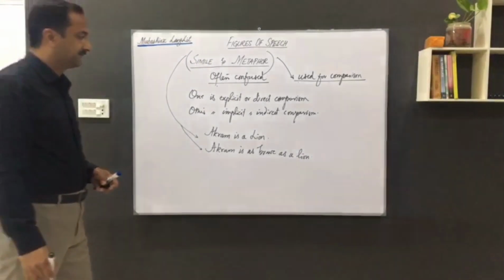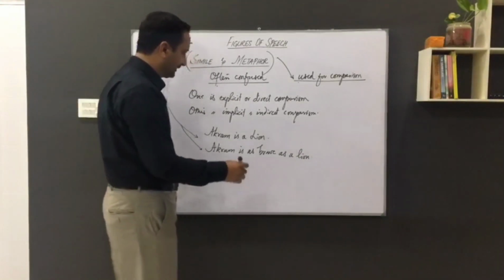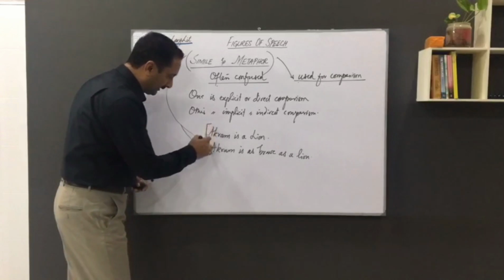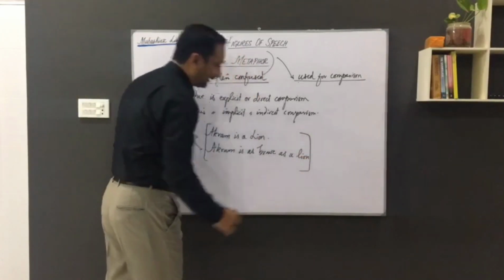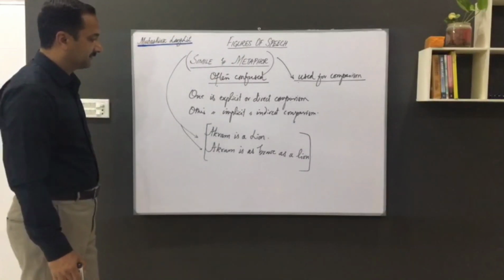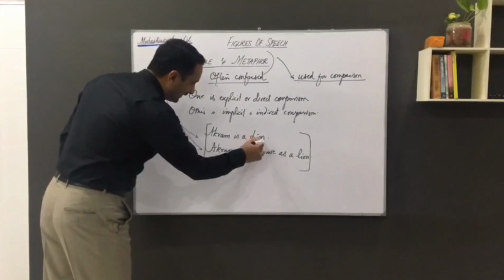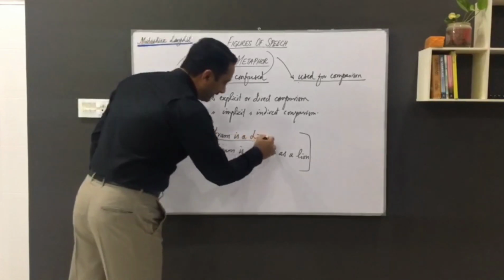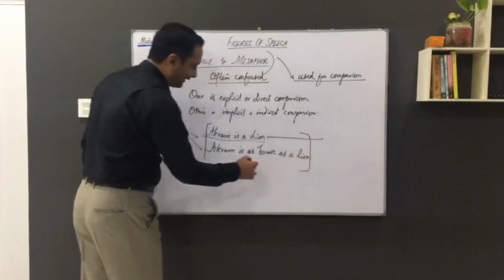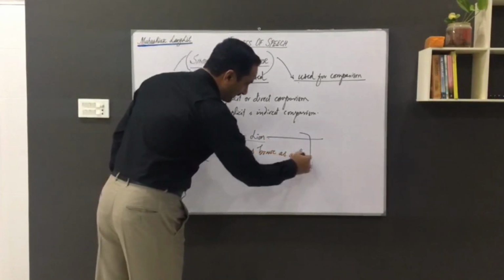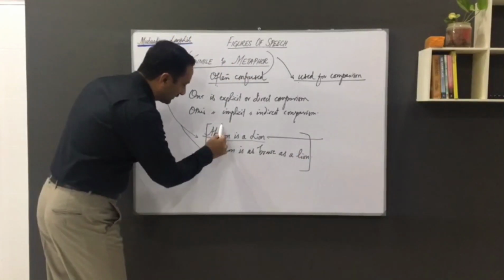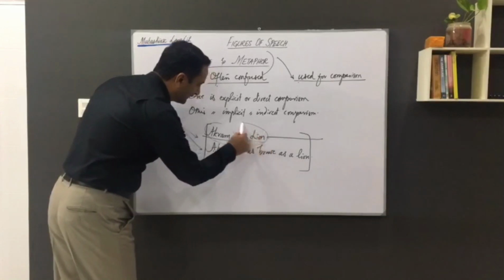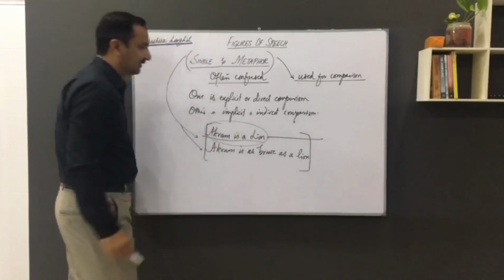So most of the time when you ask students which one is a direct comparison and which one is indirect, students get confused and they say that "Akram is a lion" is a direct comparison, and this one, "Akram is as brave as a lion," is indirect. They go by the directness of this, that Akram is considered as a lion.